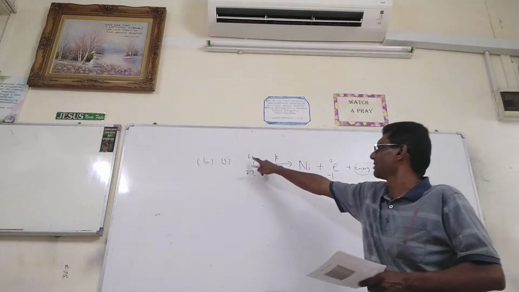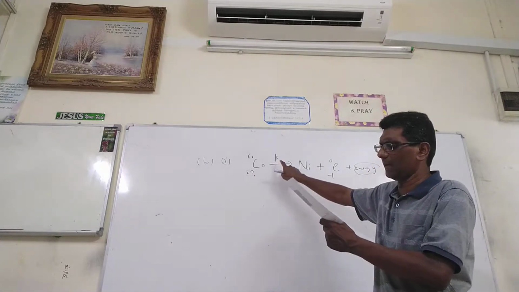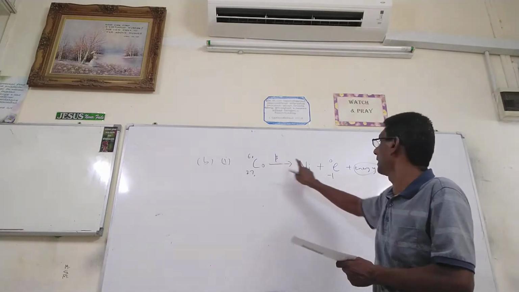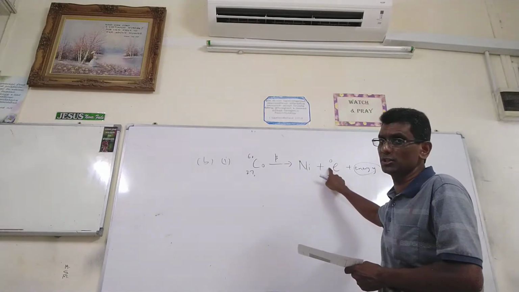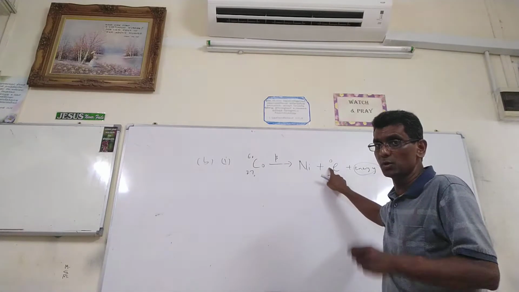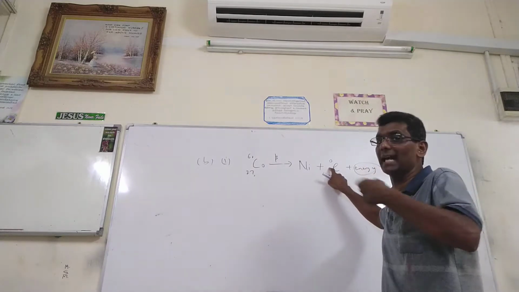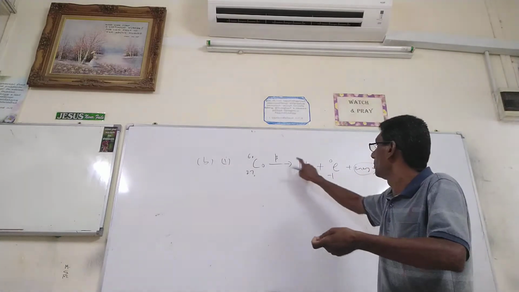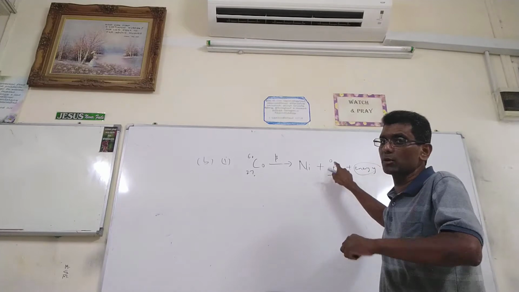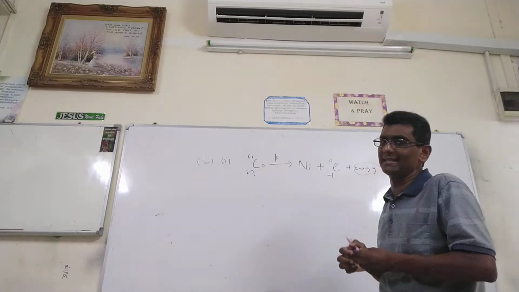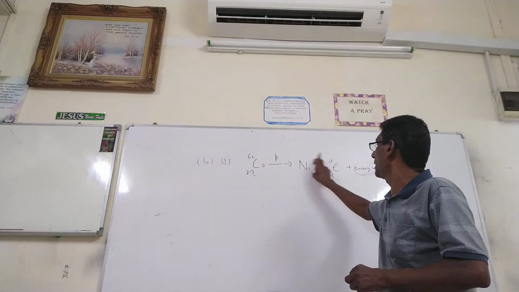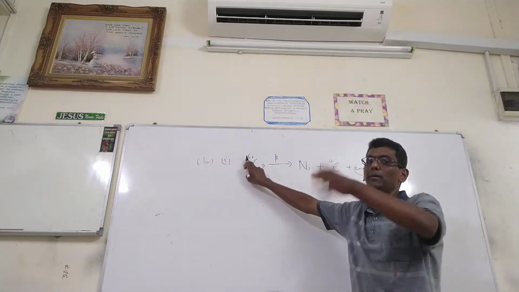Okay, cobalt 60, 27. They say beta emission. So beta is represented by electron 0, -1. That's fixed. If it emits beta, you must write in the equation electron 0, -1. Then you balance it out. This one plus this one must be the same as this one, so before and after are the same.